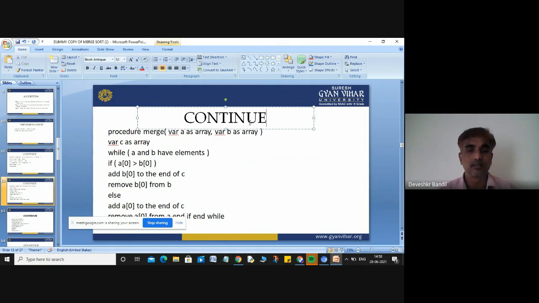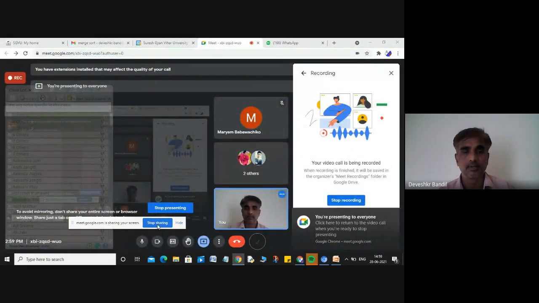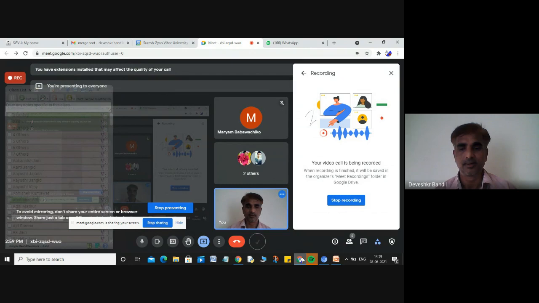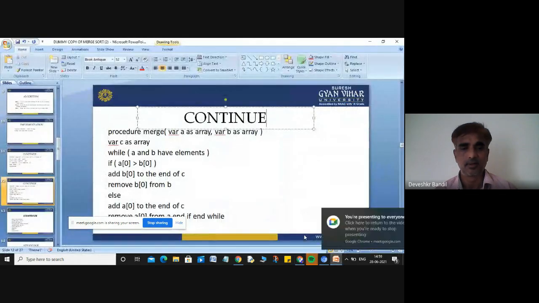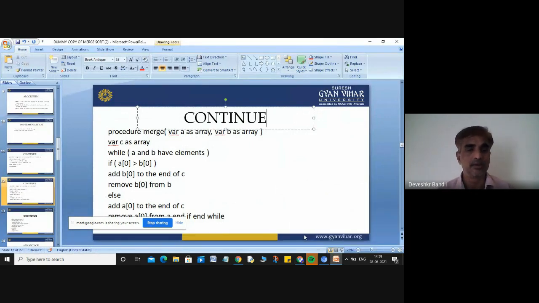Else, add your first index variable, and after that, okay, you will remove the zero location from a, and your while ends.